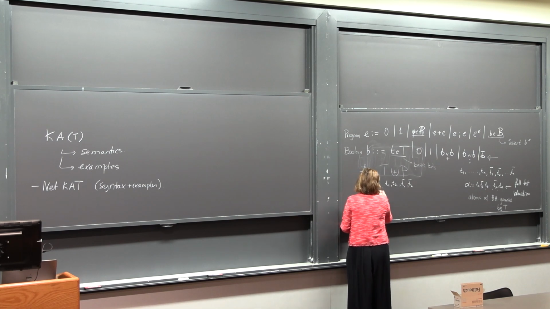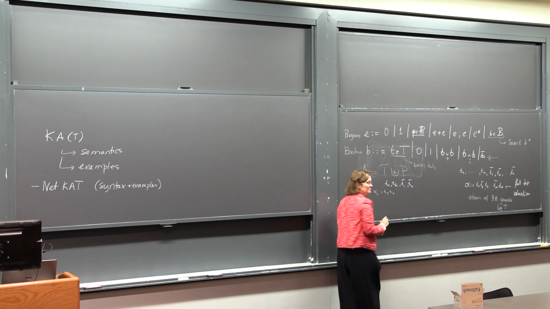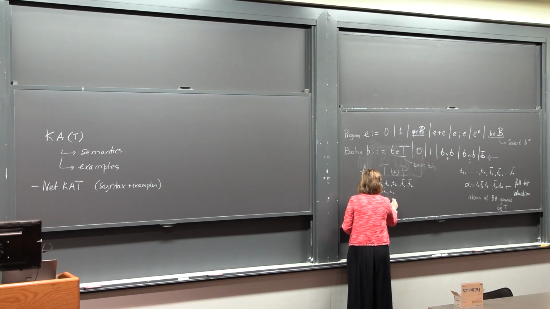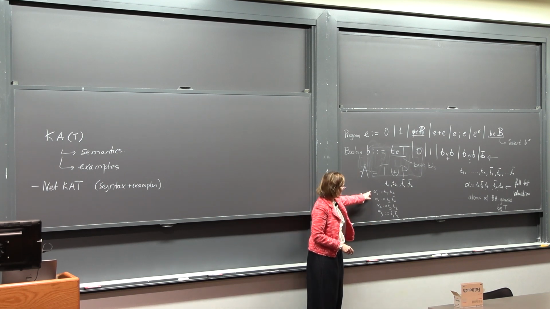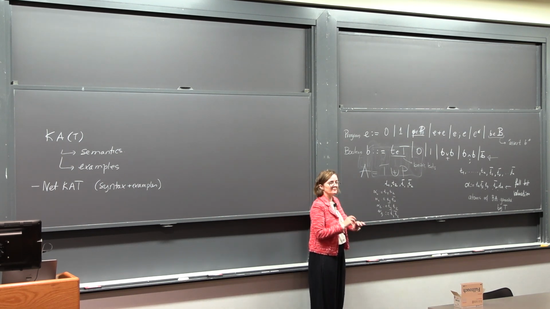Maybe both variables are true. Or maybe the first one is true and the second one is false. Or maybe the first one is false and the second is true. Or maybe both are false. These four atoms completely describe any possible state of my variables.